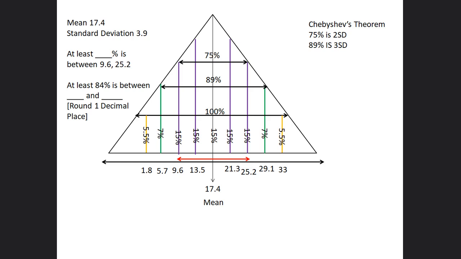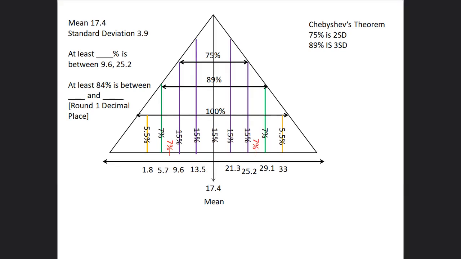Or you can add the percentage from 9.6 to 25.2, which gives you 15%, plus 15%, plus 15%, plus 15%, plus 15% equals 75%.